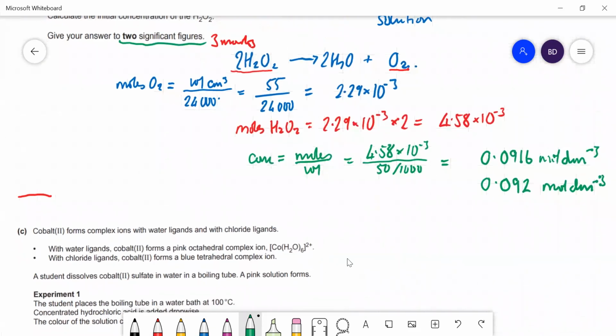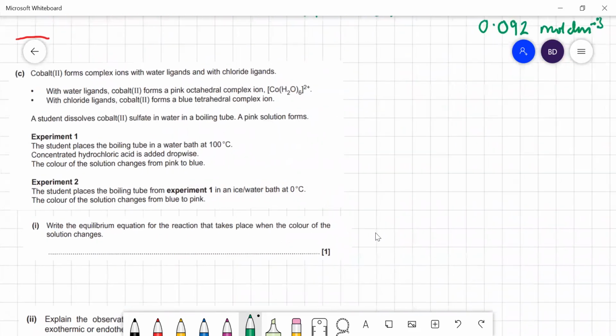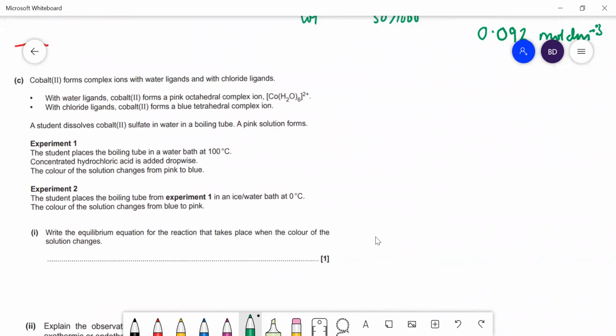Okay. Now here we've got cobalt. Cobalt forms complex ions with water ligands. So in water we have this pink complex here, and it forms a blue tetrahedral complex with chloride ligands.